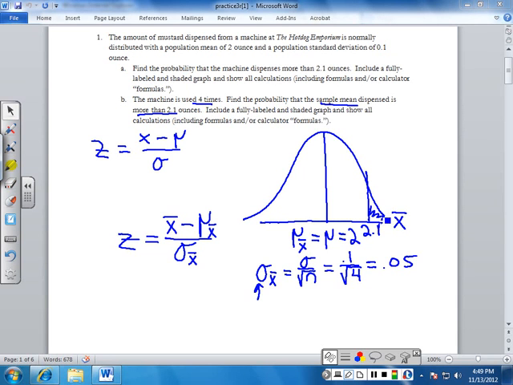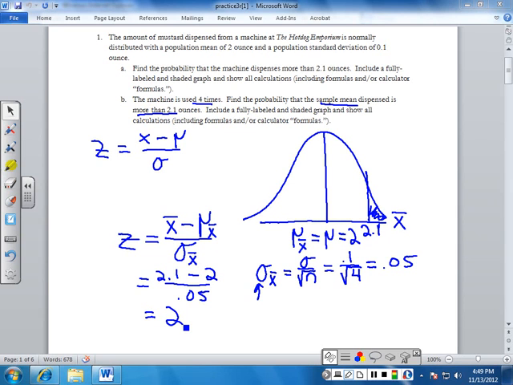And we're looking for this area right here. So the X bar we're asking about is 2.1, then minus the mean divided by 0.05, and that comes out to be 2. So Z is equal to 2.